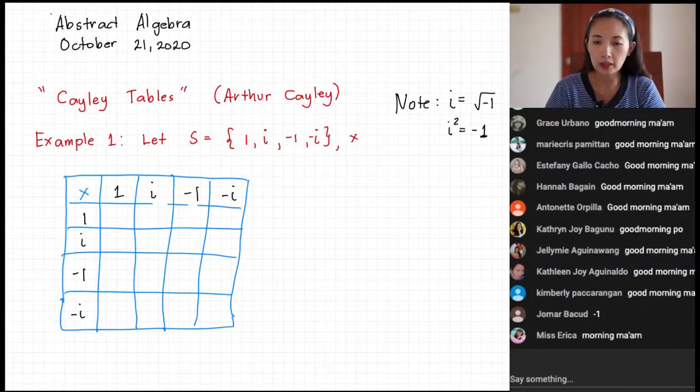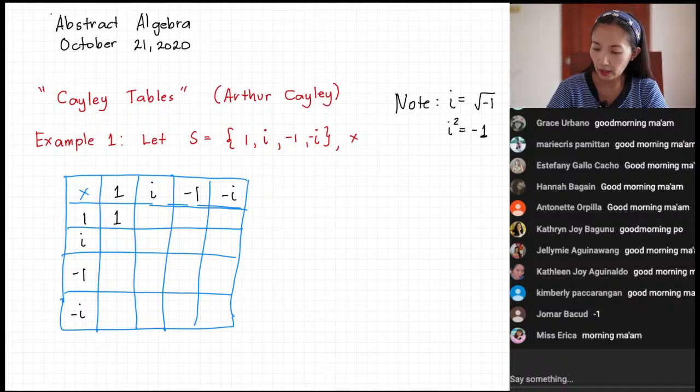Okay, let's multiply. Fill out the table. Let's multiply the first row and the first column. 1 times 1, what is it equal to? 1 times 1 is equal to 1. And all of this we simply copy because anyway multiplication by 1 gives the element itself. So i, negative 1, and negative i.